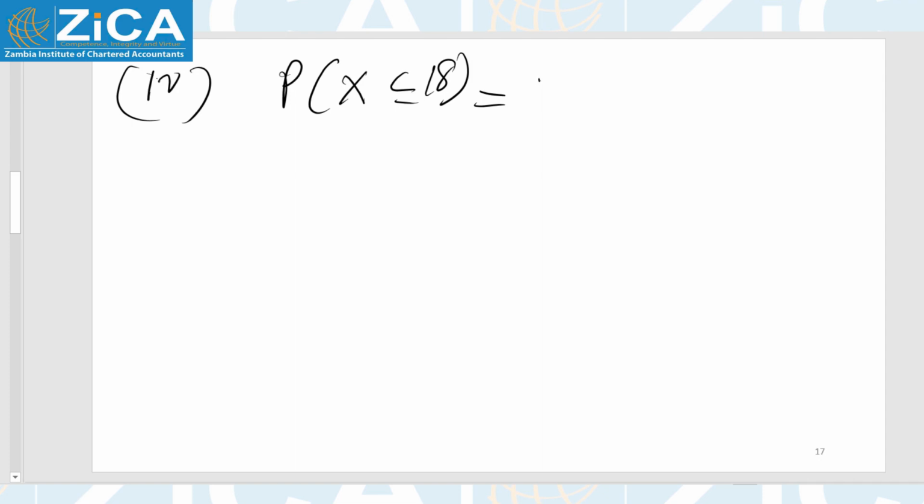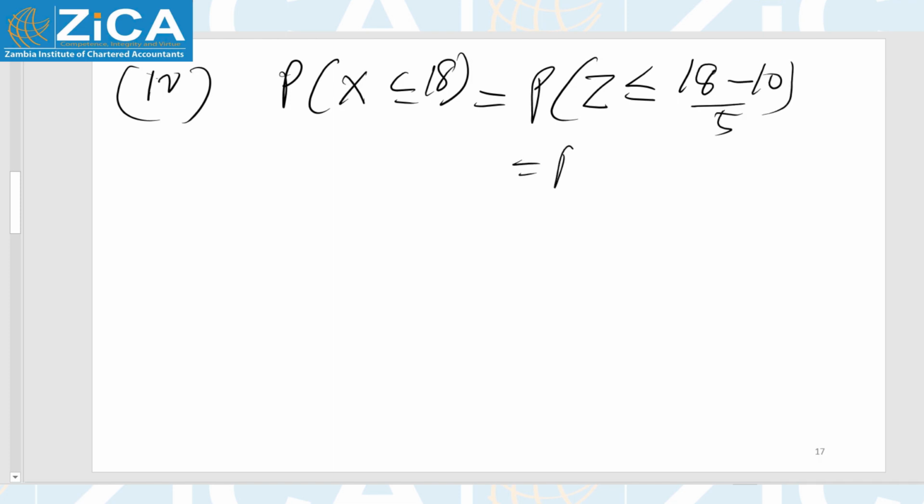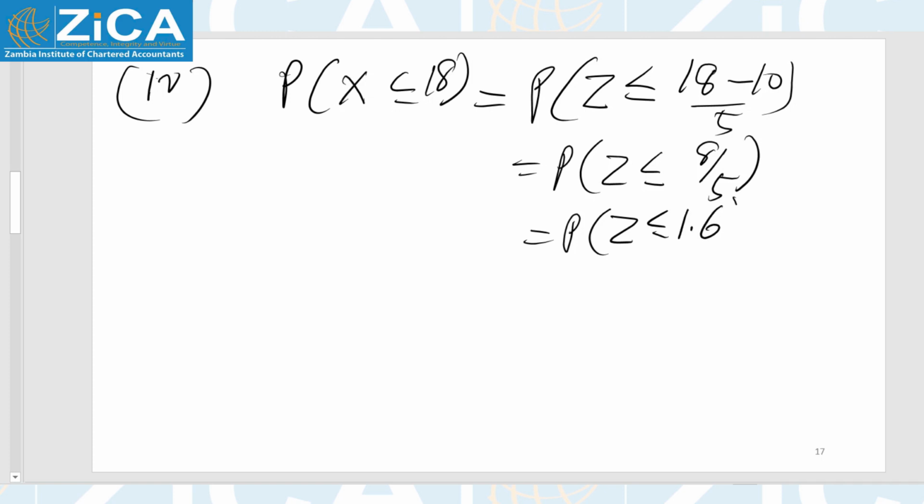If you go into question 4, Roman numeral 4, you are looking for the probability of x less than or equal to 18. If you standardize the value of x less than or equal to 18, this will be 18 minus 10 over 5, and this will be equal to the probability of z less than or equal to 18 minus 10, which is 8, again over 5. 8 divided by 5, we know it's to be 1.6.